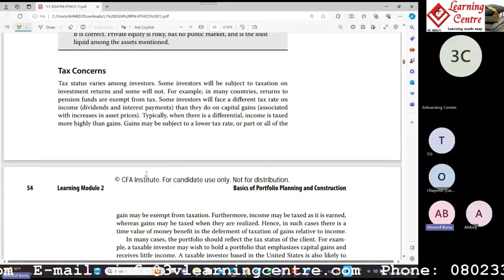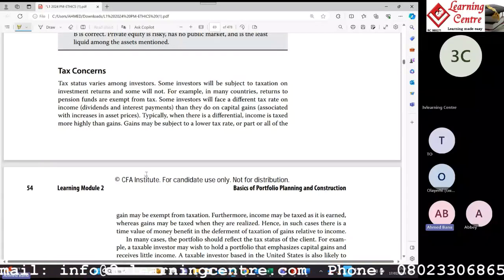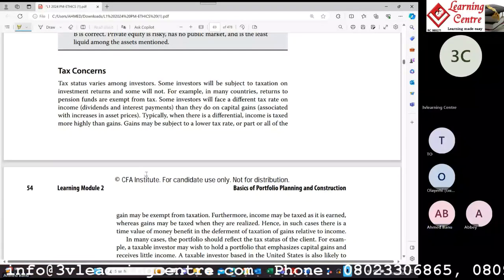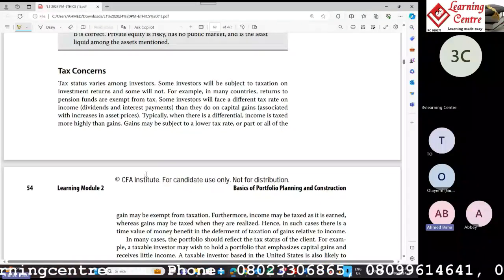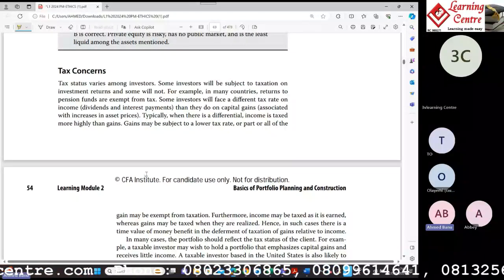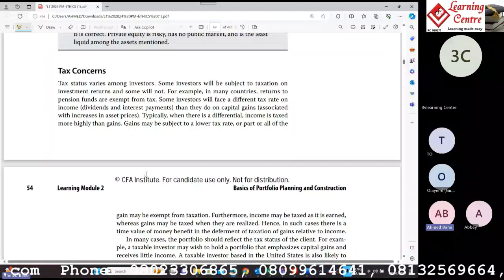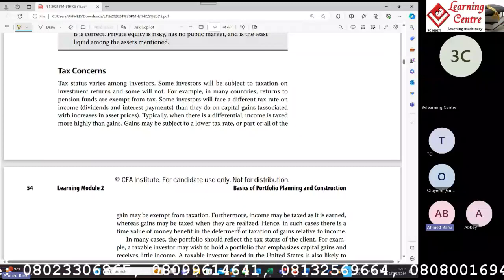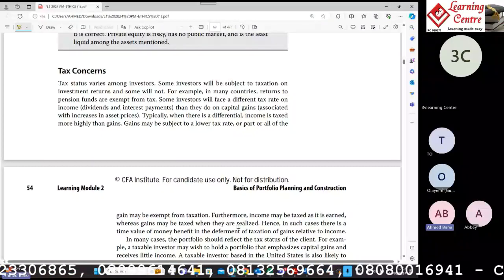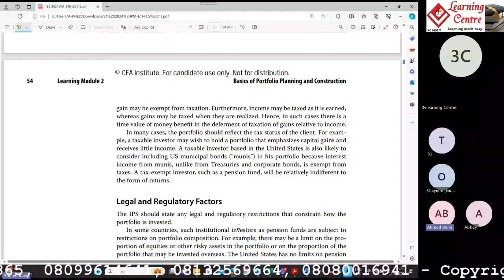So they are very, very tax conscious. At every point in time, they want to ensure that whatever you're investing in will not lead to them paying too much money to the government as taxes. So you need to understand your client's tax concerns, tax peculiarity, tax bracket, and all that.